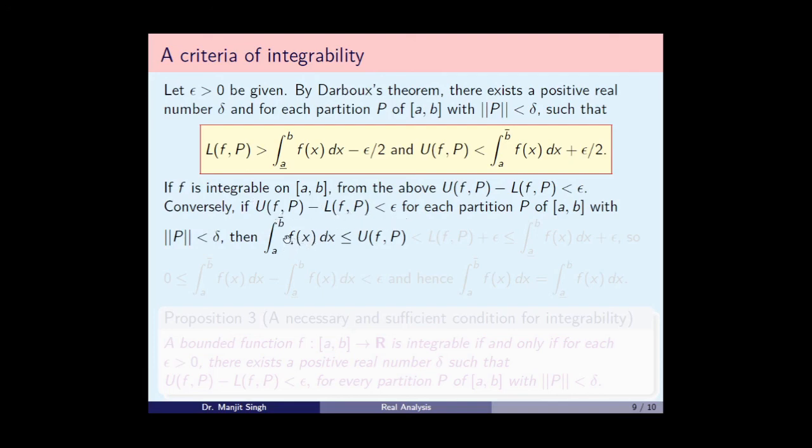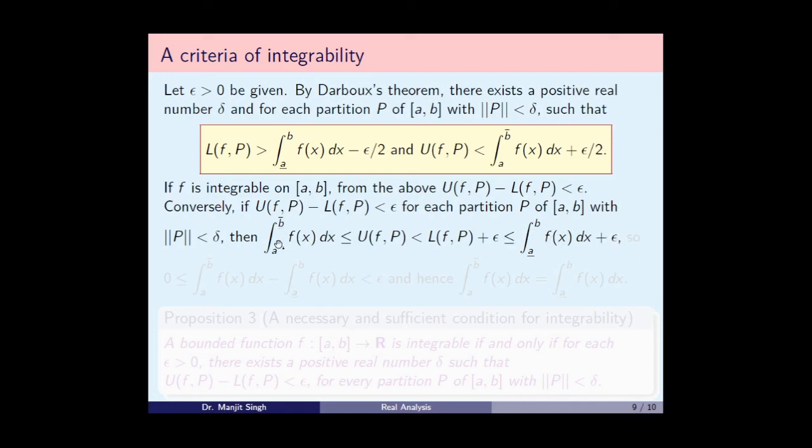Now we know that this is the upper integral, and the upper integral is the greatest lower bound, so it is a lower bound. So every upper sum will be greater than or equal to this. And from the given condition, this is less than LFP plus epsilon, and we know that LF is the supremum value. So if you take this value, then the resulting inequality will be greater, so this will be plus epsilon.